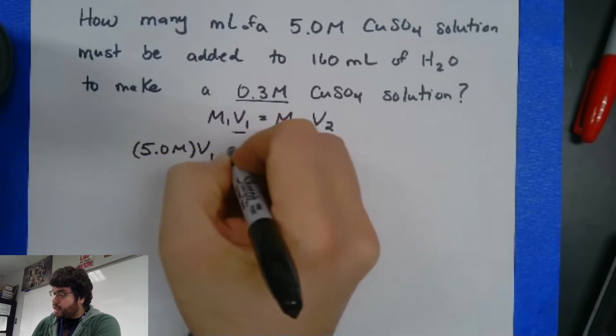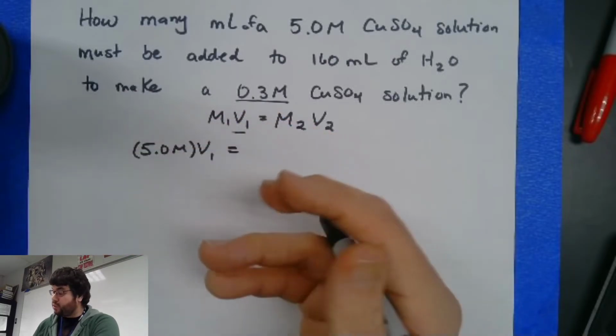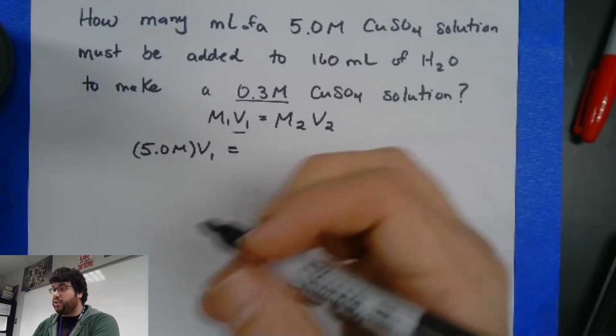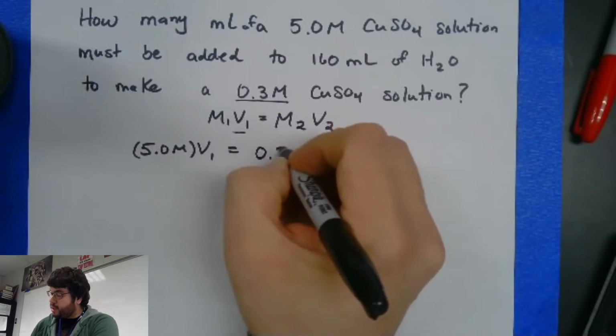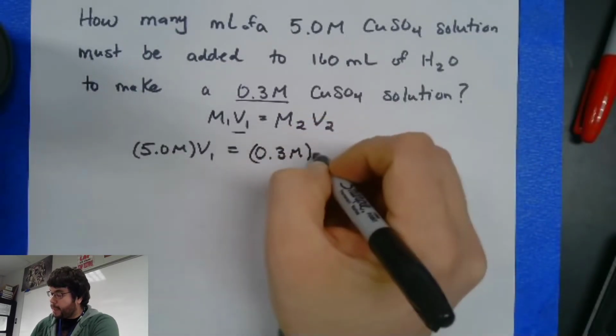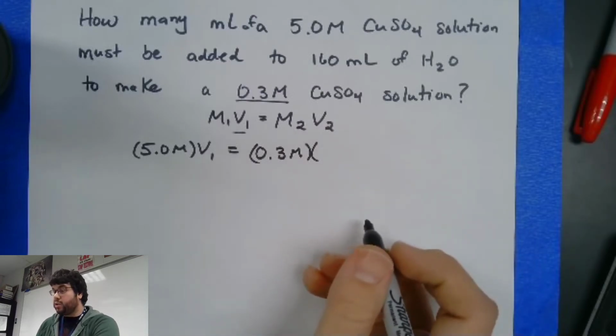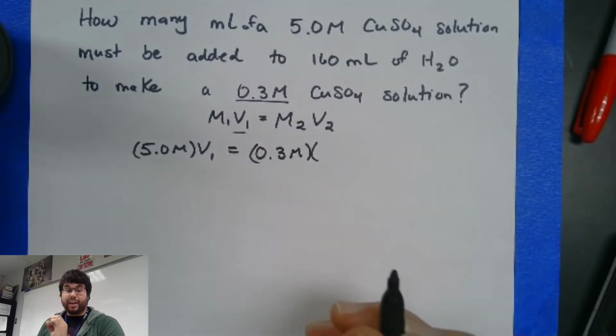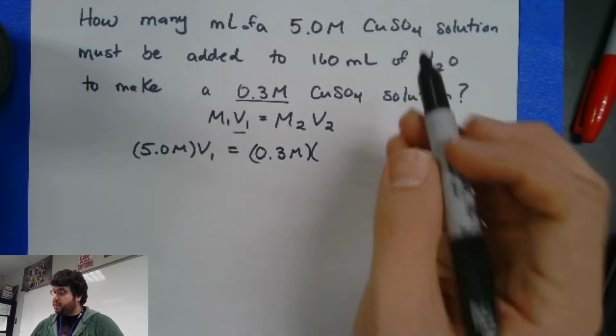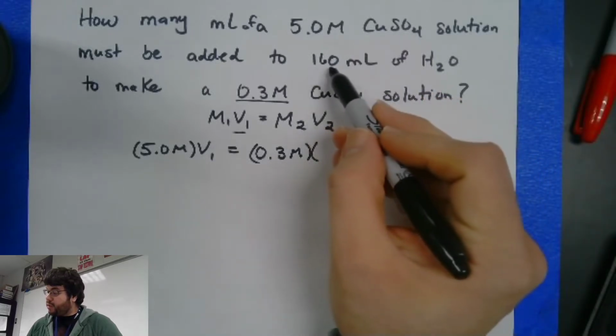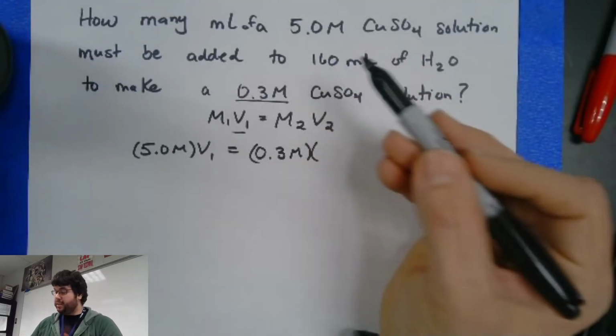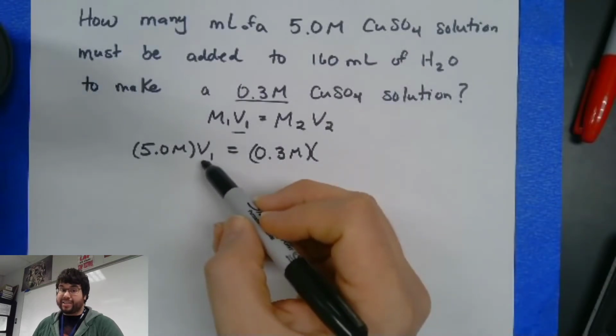We don't know how much we need of that original solution, but we know that the new solution is going to be 0.3 molar. And then we also know that we need to make this solution have a volume of 160 milliliters plus what we add to it.